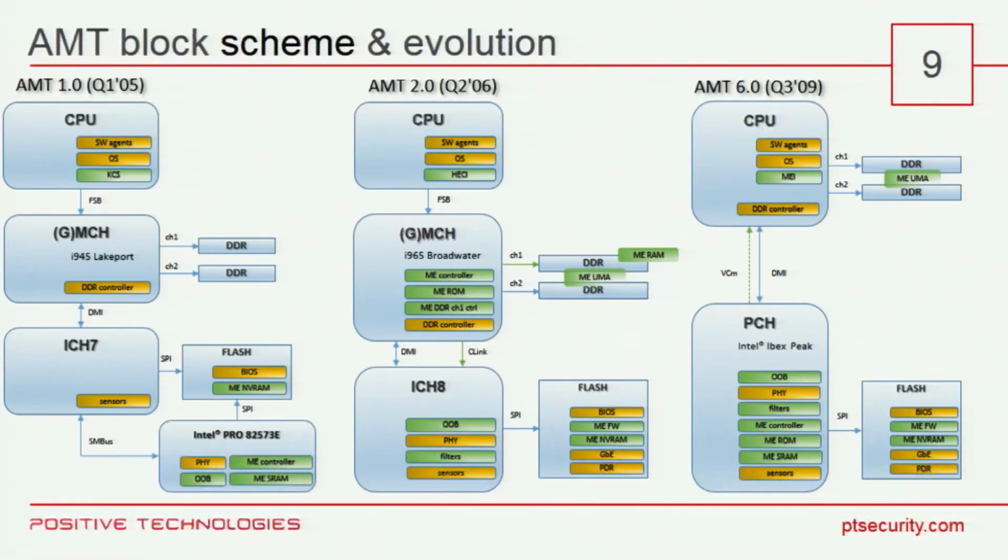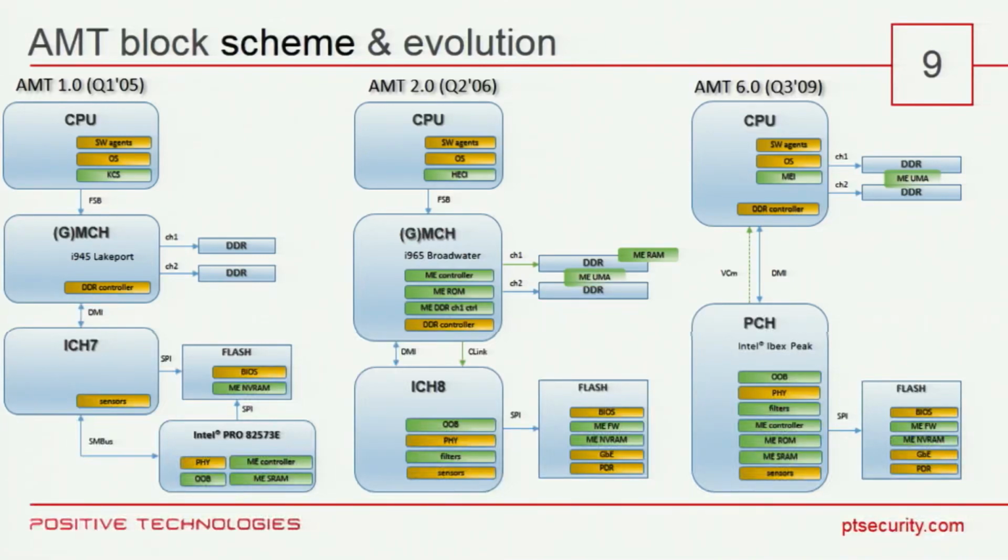Then we started having serious architectural changes, and AMT, the embedded controller, which was initially called the baseboard management controller, was entitled management engine. It was put on the south bridge into the memory controller hub, MCH.